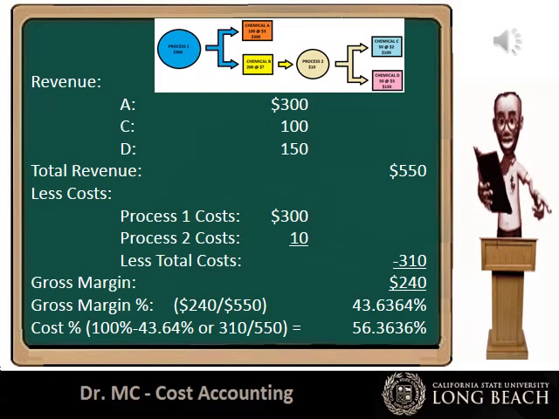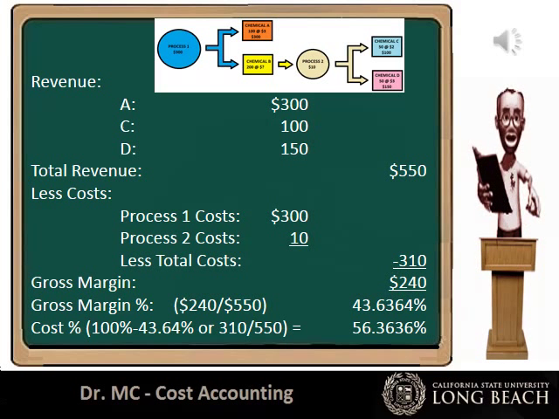In our chemical example, that would be $550. The firm then adds up all of the processing costs for those joint products. The total cost of processes 1 and 2 is $310. When the firm subtracts its total costs from its total revenues, it gets a total gross profit of $240.